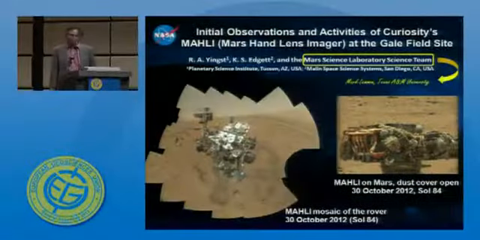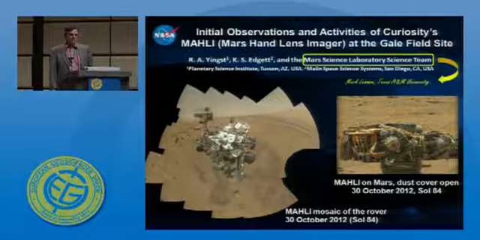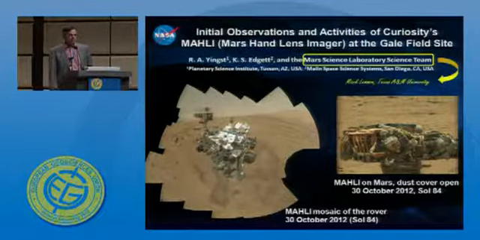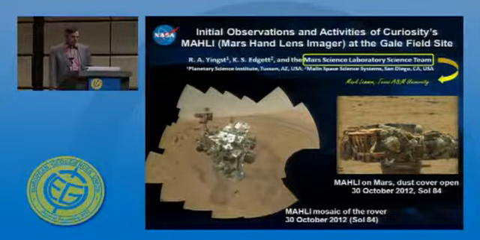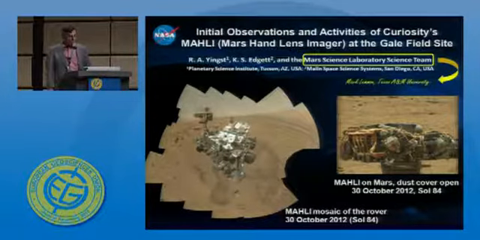MAHLI is the Mars Hand Lens Imager, the camera on the rover whose intent is to bring to us the fine-scale stratigraphy, geomorphology, and color of Mars. As you see on the title slide, the image on the right is a picture of MAHLI on Mars.